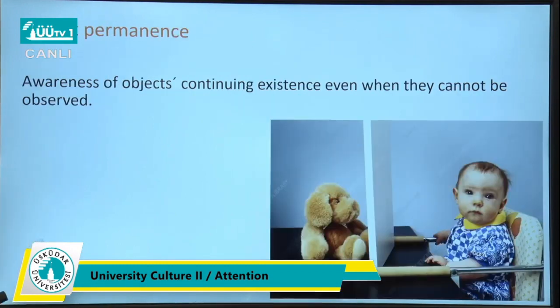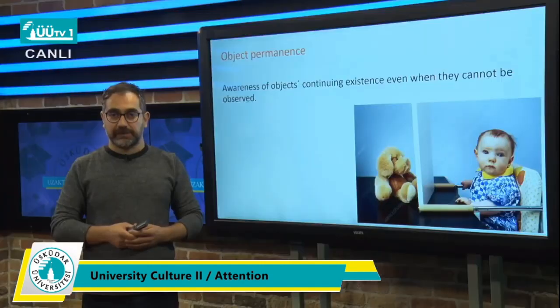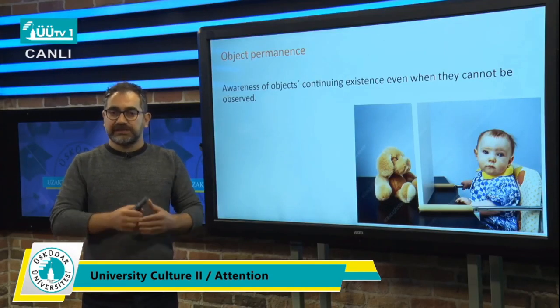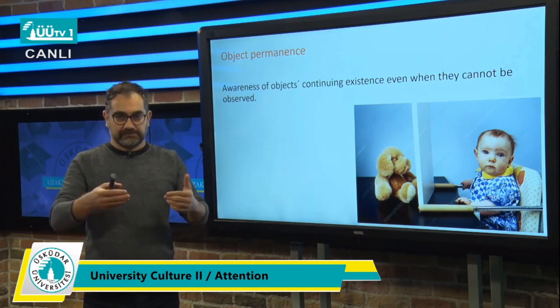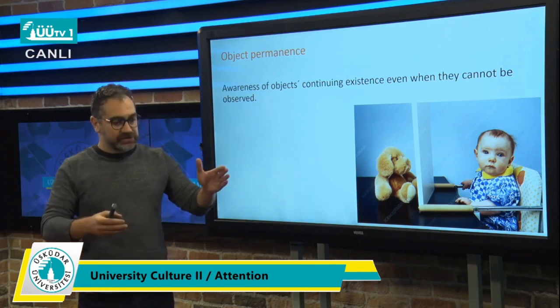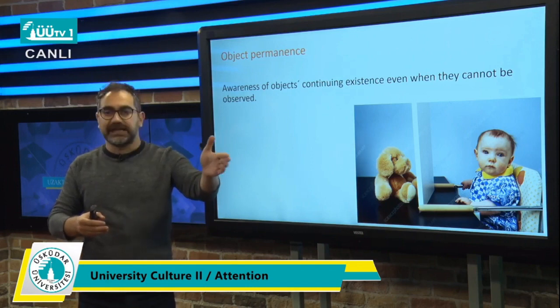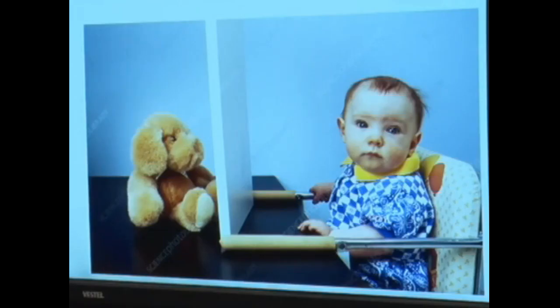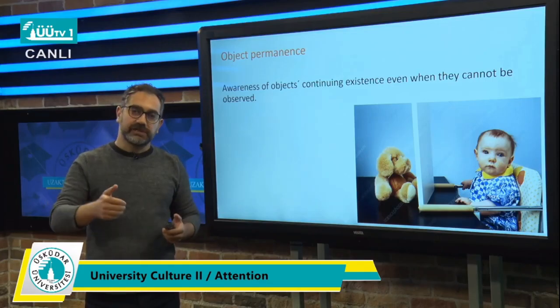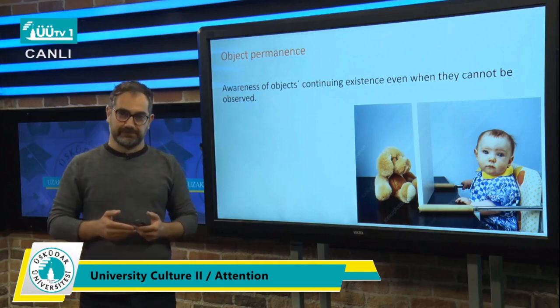Another concept I would like to mention is object permanence. Object permanence was introduced to us by Jean Piaget, and what it basically says is awareness of the stimuli even though the stimulus is not on site, even though we cannot see the stimulus. For instance, the classic example for this is to get in front of a 5-month-old baby.